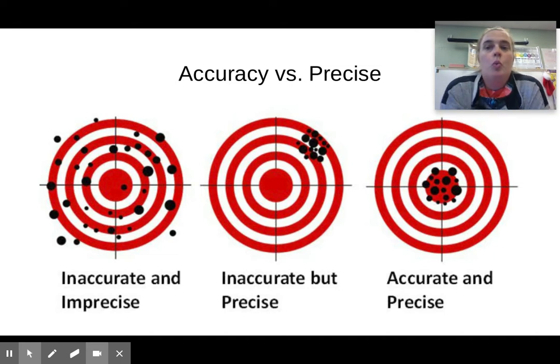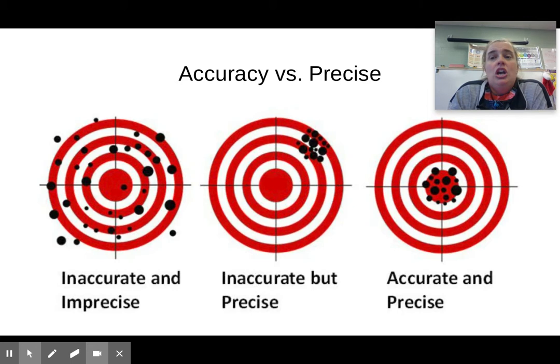Most of the time when something is accurate, it is also precise, like the one all the way to the right. Whereas the one all the way to the left, where you were all over the place, is both inaccurate and imprecise. When we take our measurements, we want to be both accurate and precise.